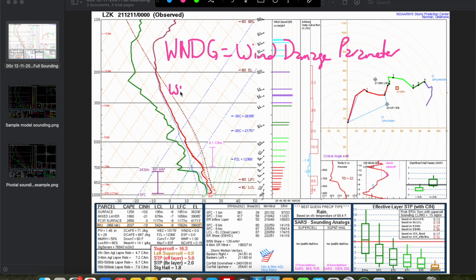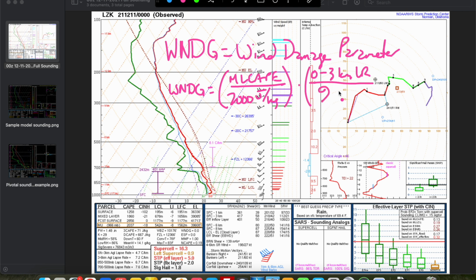And we can calculate the wind damage parameter as follows. So we take the mixed layer CAPE, divide it by 2,000 joules per kilogram. We multiply that by the quotient of the 0 to 3 kilometer lapse rate divided by 9 degrees Celsius per kilometer, multiplied by the mean wind in the 1,000 to 3,500 meter layer above ground level, divided by 15 meters per second.